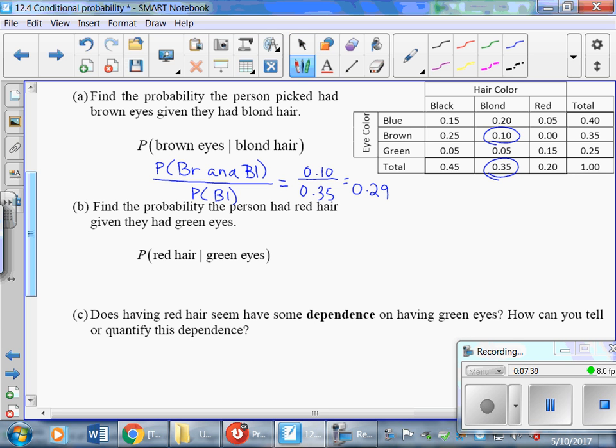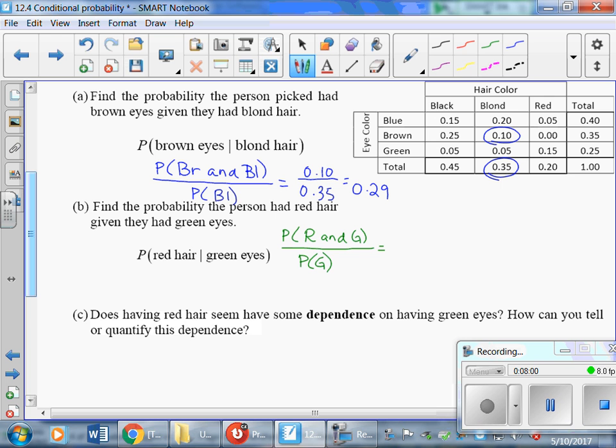All right, this one says find the probability the person had red hair given they had green eyes. So this is again going to be the probability of red hair and green eyes over the probability of green eyes. So the probability of red hair and green eyes is 0.15.